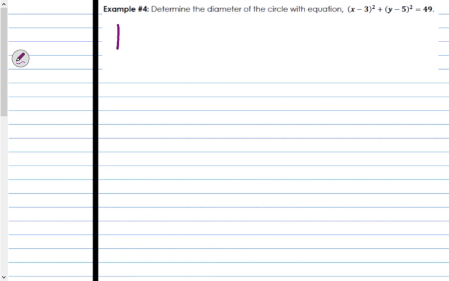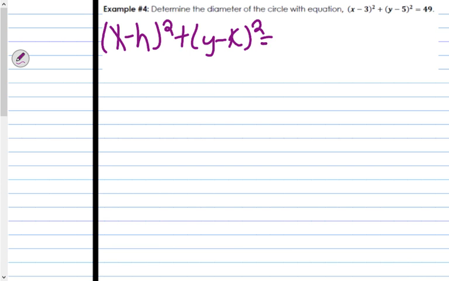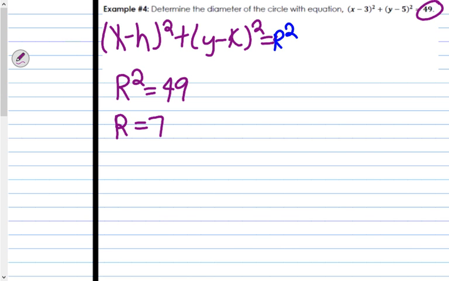I know the standard equation of my circle is (x minus h) squared plus (y minus k) squared equals r squared. So in this problem, r squared is equal to 49. When they simplified out r, it was 49. That means r is 7, because the square root of 49 is 7.